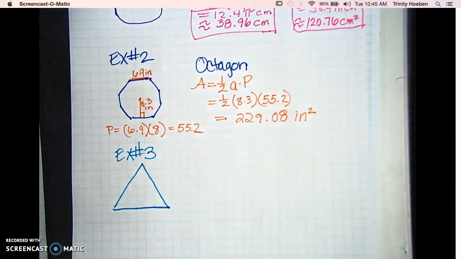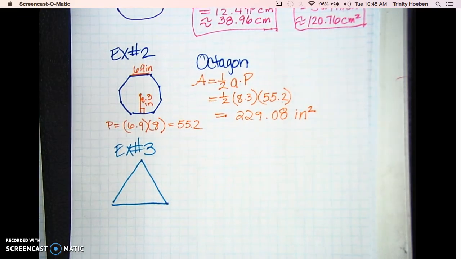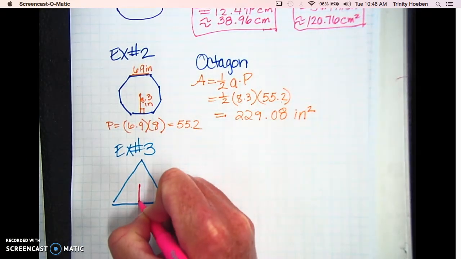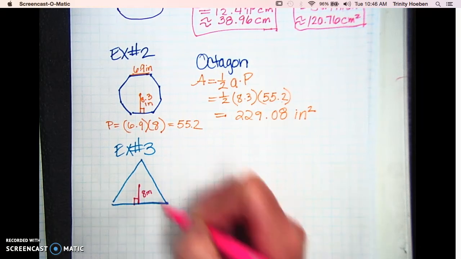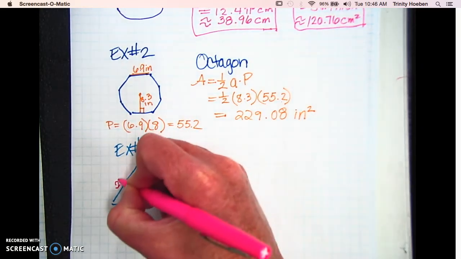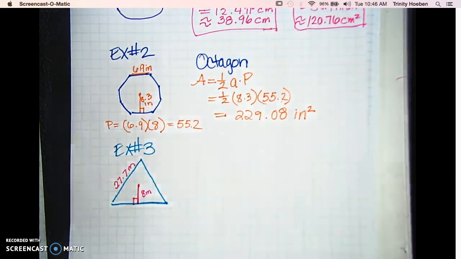Example number 3, we've got this triangle, which we know the formula for a triangle is 1/2 the base times the height, right? But I'm not going to give you the height. I'm going to give you instead the apothem, which is going to be 8 meters, and one of the sides, and it's slanted, so it's 27.7 meters. Okay?